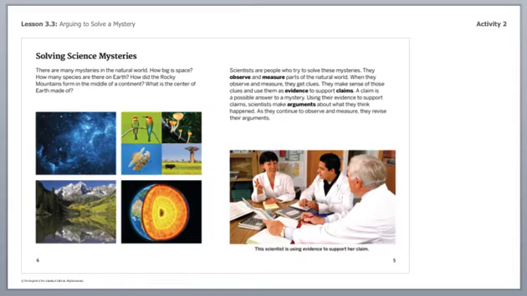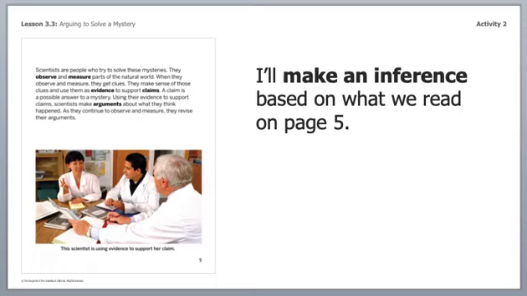A claim is a possible answer to a mystery. Using their evidence to support claims, scientists make arguments about what they think happened. And as they continue to observe and measure, they revise their arguments. I'll make an inference based on what we just read on page 5. You can see the scientists in the picture, and they're using evidence to support their claim.